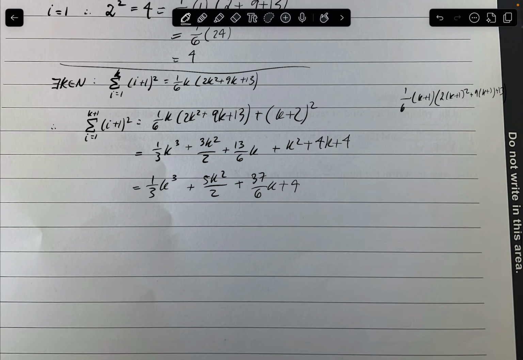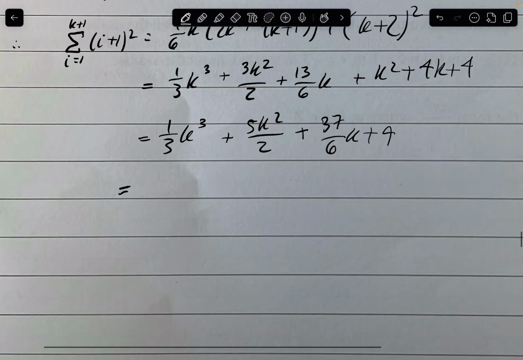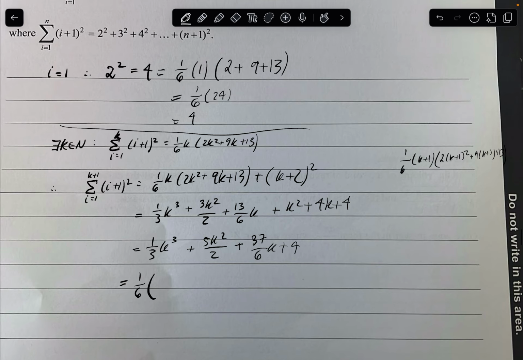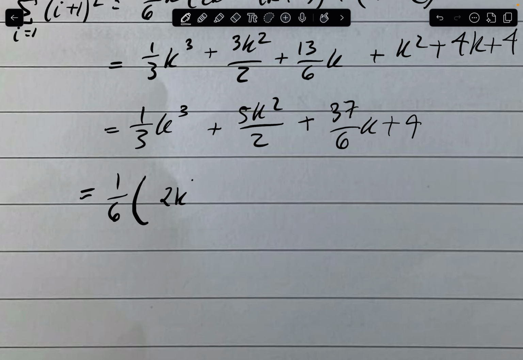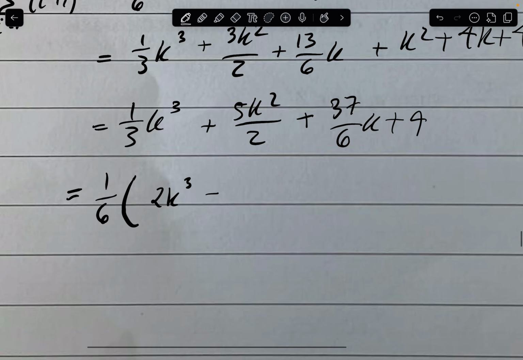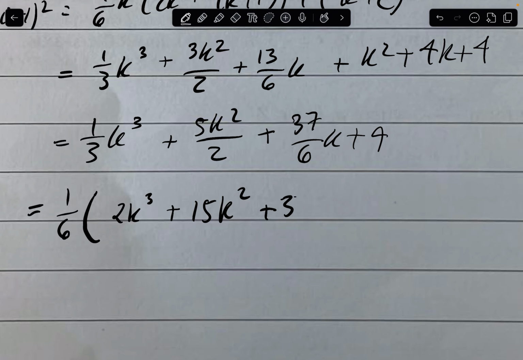Okay. What we can probably do is take out 1/6. And then what we're left with is 2k cubed plus 15k squared plus 37k plus 24.